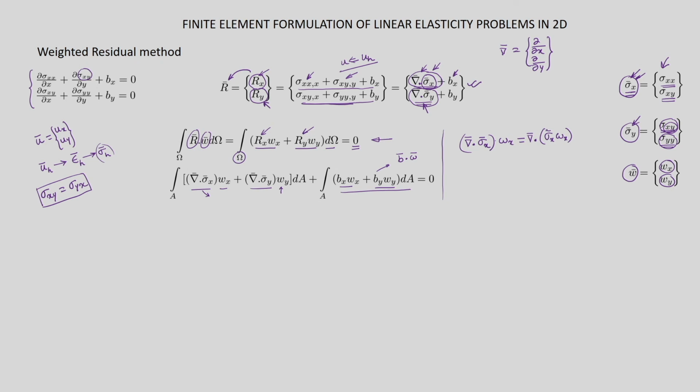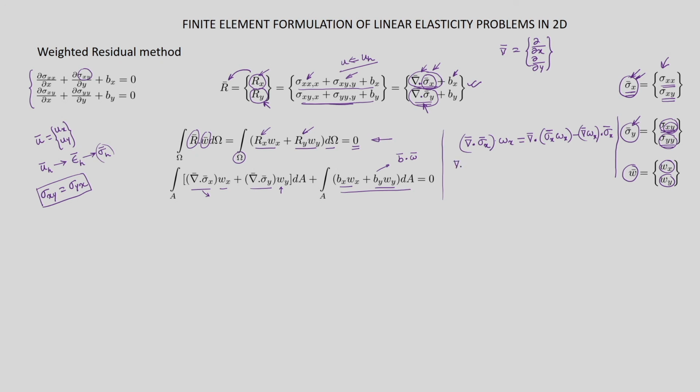Sigma x is a vector, and we multiply the vector by a scalar function. So we write it as del dot sigma x bar wx minus del wx, which is now a vector, dot sigma x bar.